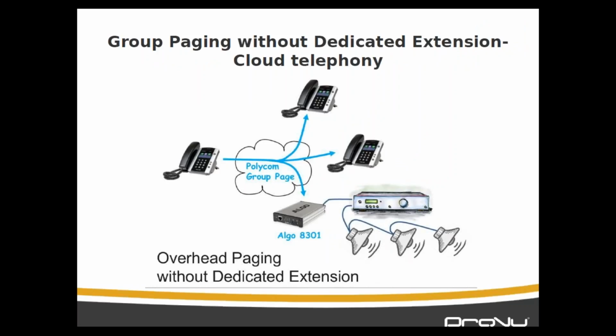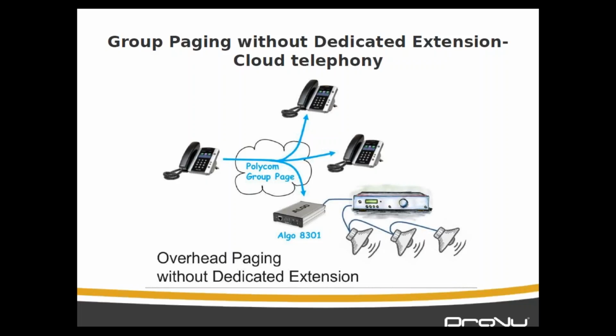So this is basically what Tony was referring to. I'm just not going to go through it, but with Polycom Group Paging, you take the Algo 8301, which is probably connected to an amplifier or a paging system, and using Polycom Group Paging you just send the page and it broadcasts across the board.